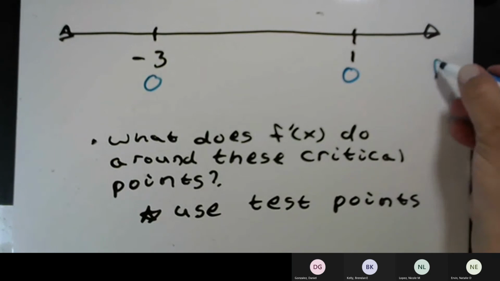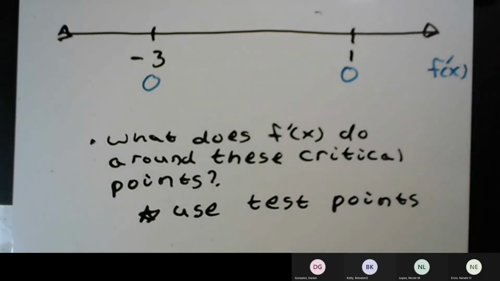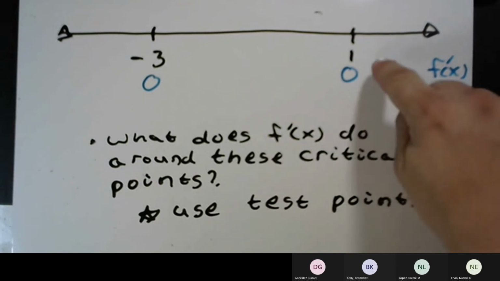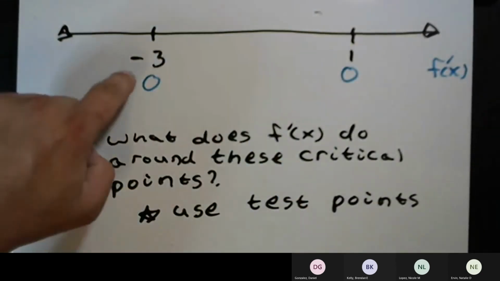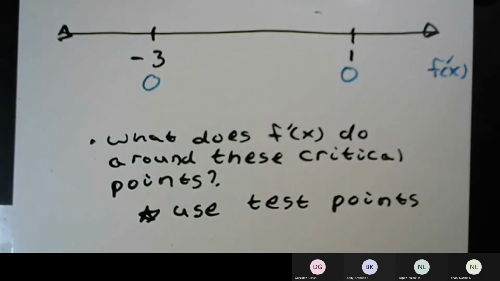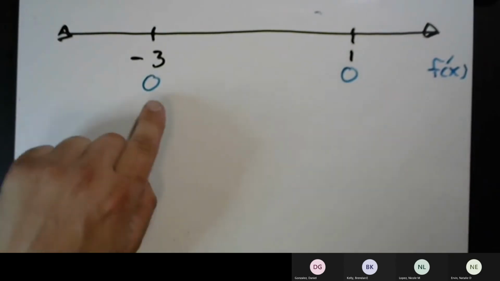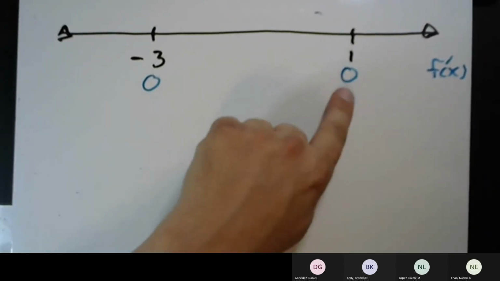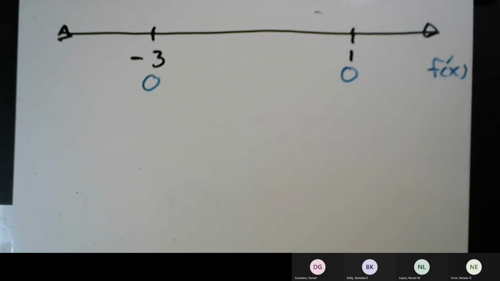This is our f prime of x. So what's going on here, here, and here? Well, these are going to form the open intervals that we want to look at. And they're going to be open because we're not going to include -3 and 1 because we already know what the derivative is at these points.